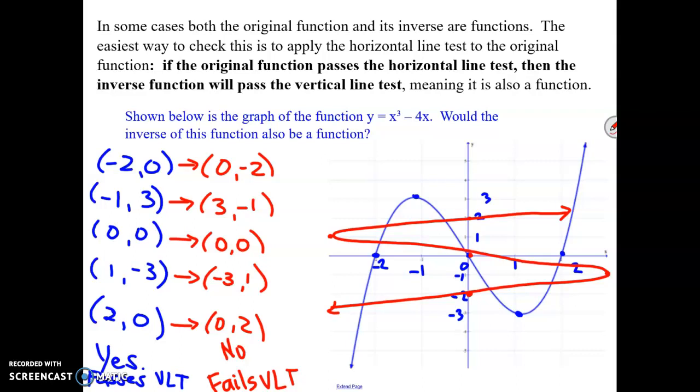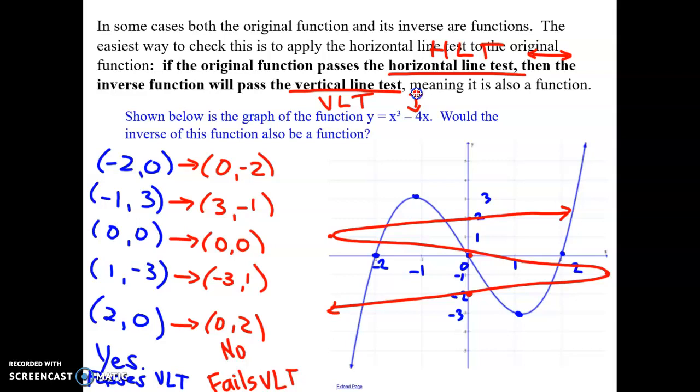Now, here is kind of the big idea that's new for today. Okay, so we're now going to introduce the horizontal line test. So you guys know that a vertical line runs up and down, a horizontal line runs left and right. So you can skip the step of drawing the inverse to test the VLT by applying the horizontal line test to the original function.